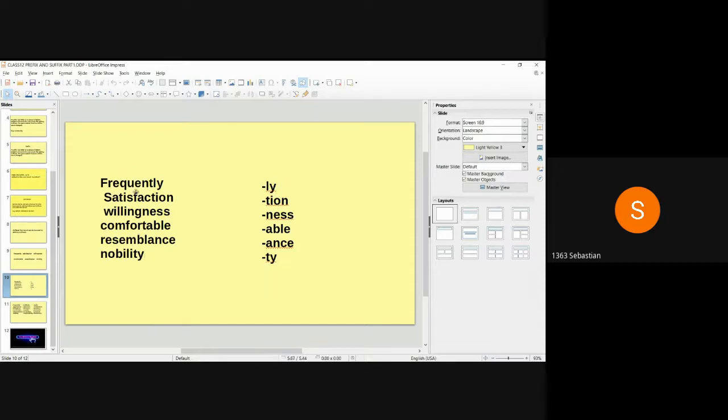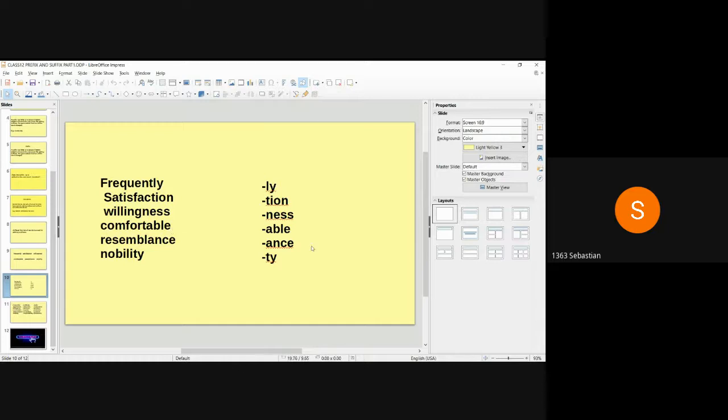Frequently is the word, ly is the suffix. Satisfaction is the word, tion is the suffix. Willingness is the word, ness is the suffix.